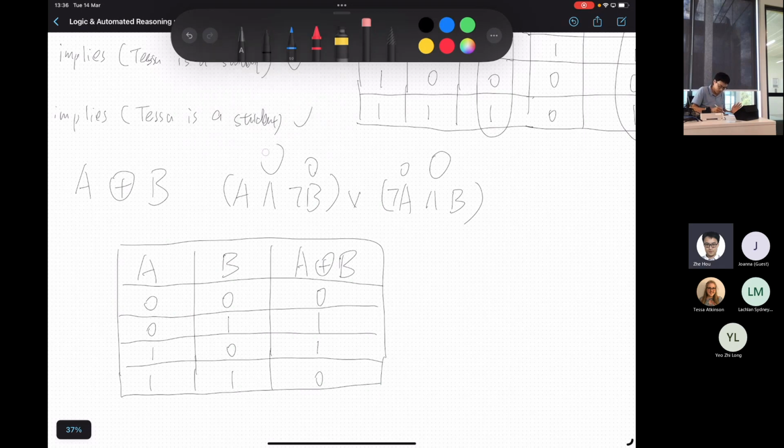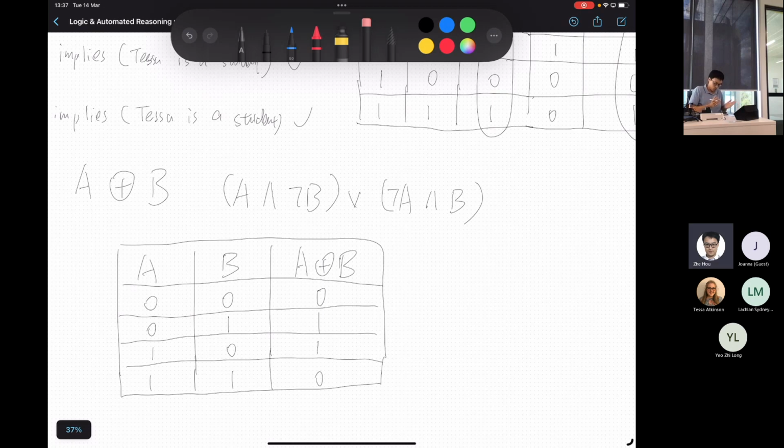Now, if you look at the truth table for XOR, you'll notice that's exactly exclusive OR. Right? So look at the cases, the middle two rows, where A or B is true. Right? That's when either A is true or B is true, but not both. Right?